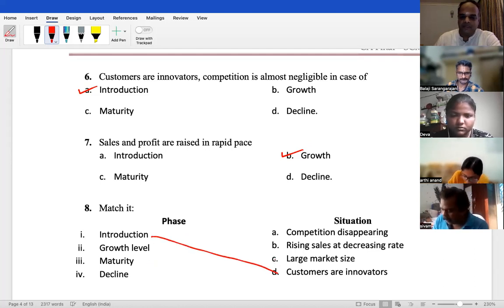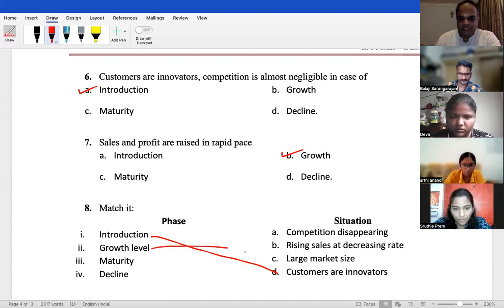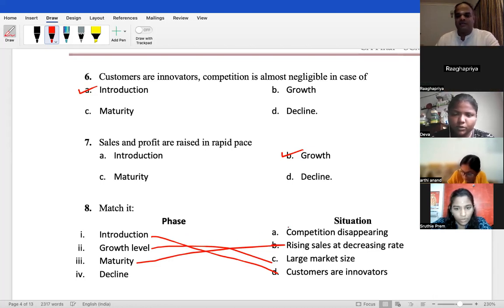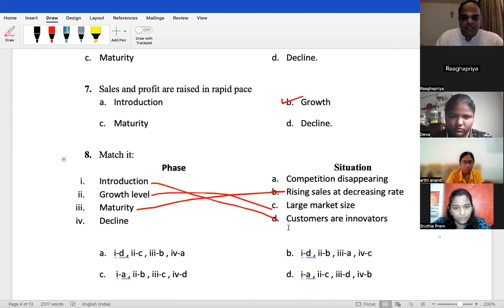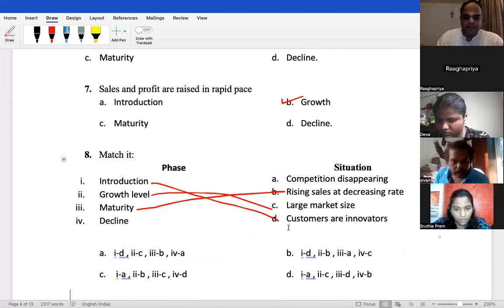Then growth: comparatively large market size is suitable. Maturity: rising sales at a decreasing rate. Decline: competition disappearing. So 1, D; 2, C; 3, B, E; 4, A.